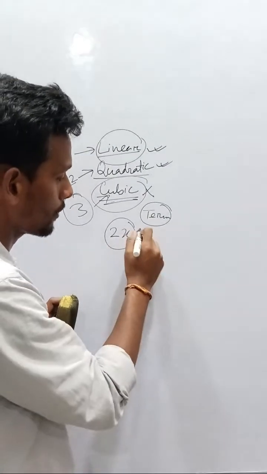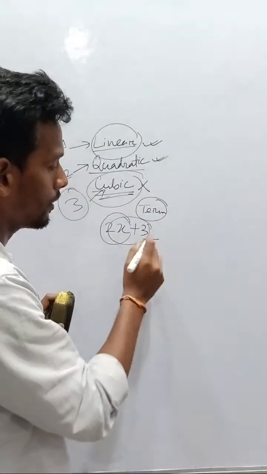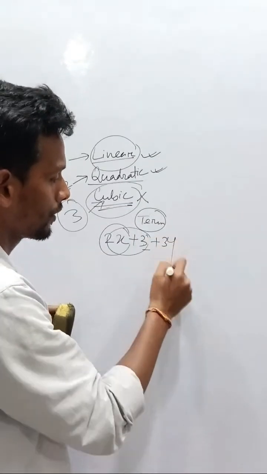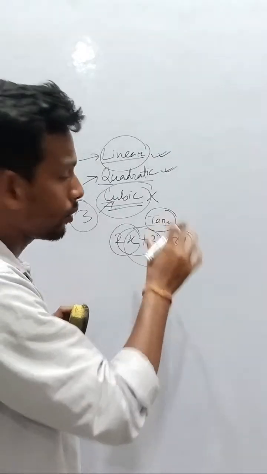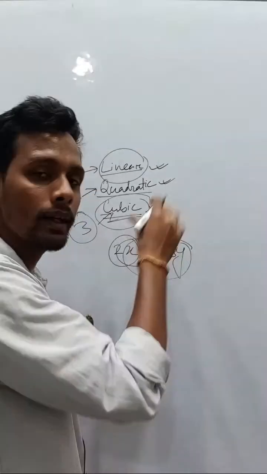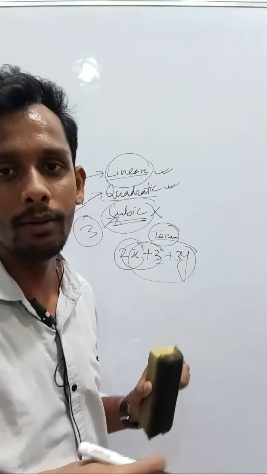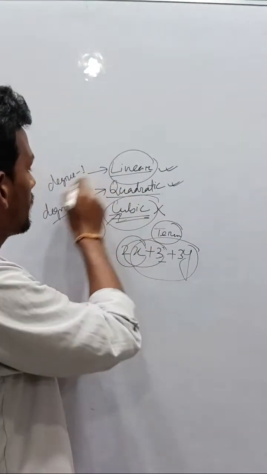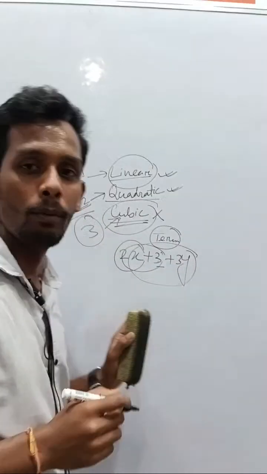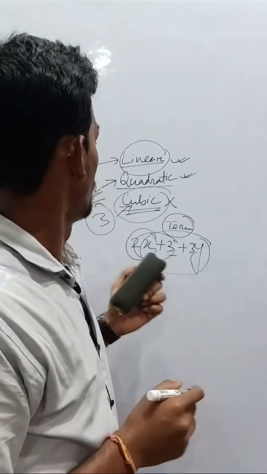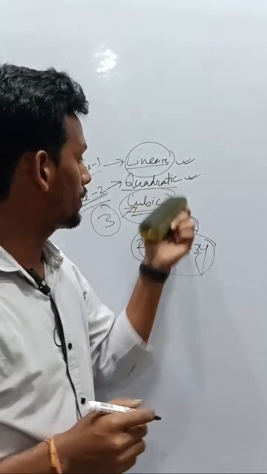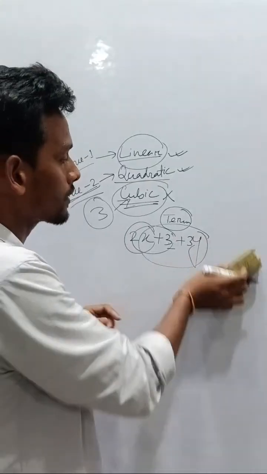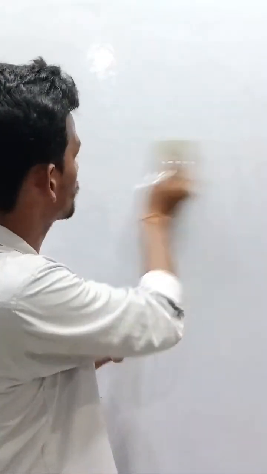If there are 2 terms, like 2x plus 3, it is called a binomial. If there are 3 terms, it is called a trinomial. By degree you can also divide polynomials as linear, quadratic, cubic. In class 10 we will learn the polynomial in terms of degree only.